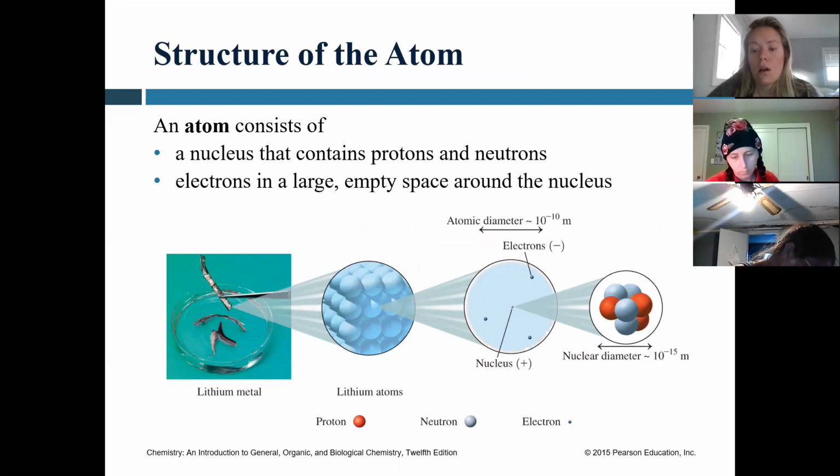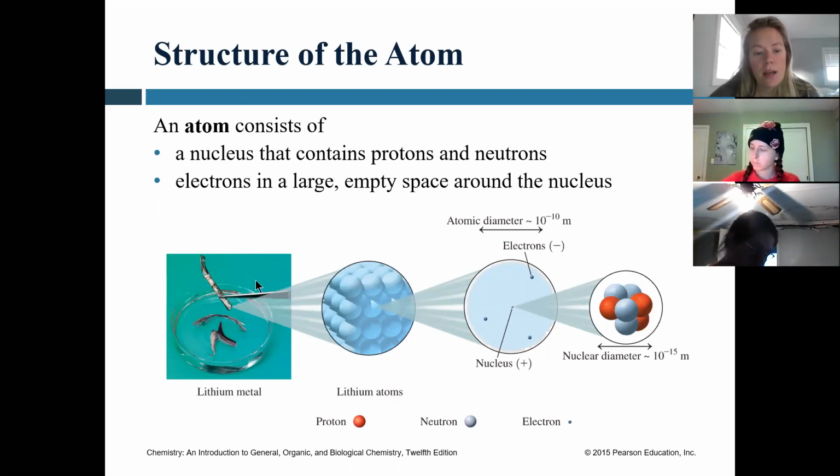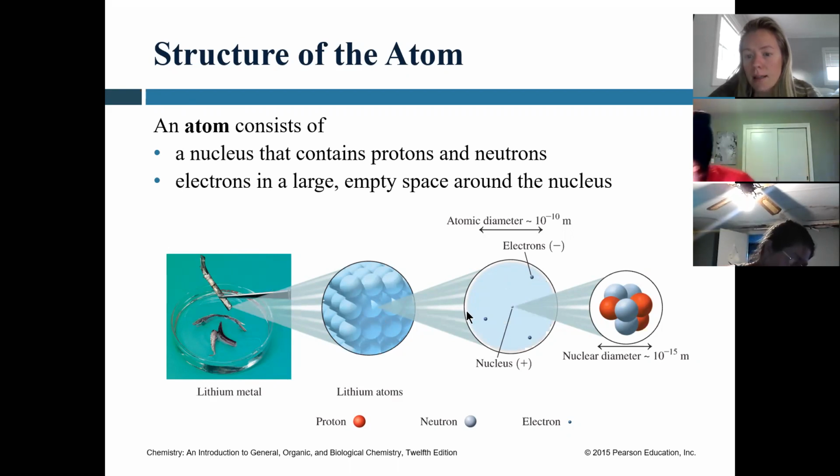So now we have the nuclear theory, or the nuclear understanding of the atom. Here we've got lithium atoms. If I zoom in to one of these lithium atoms, we'll see that there's a nucleus in the center, a bunch of empty space, and then these little tiny electrons, okay?